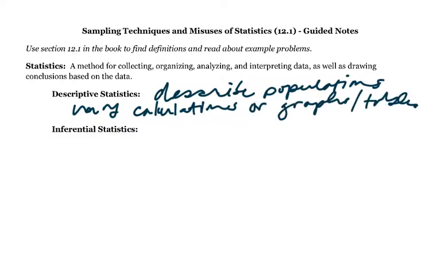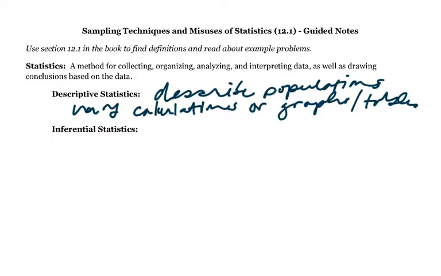An example of descriptive statistics might be if we took our homework 1.1 average. So the population would be the homework scores for all students in Anna Castine's Math 1332 class.